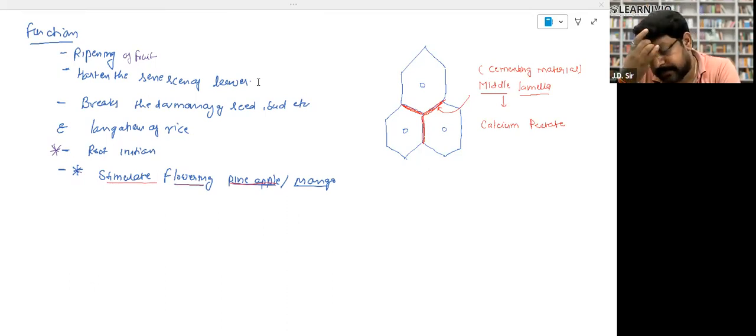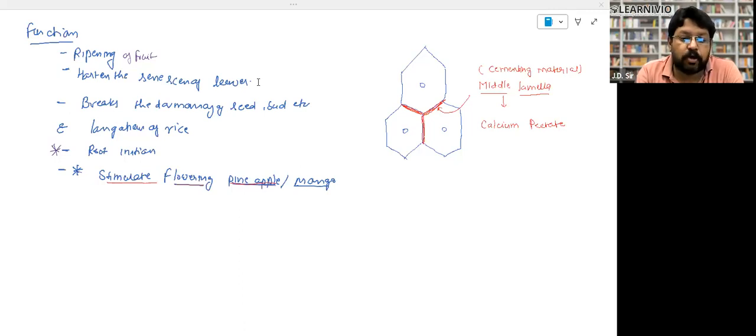It hastens the senescence of leaf, that is, the leaf will die faster.